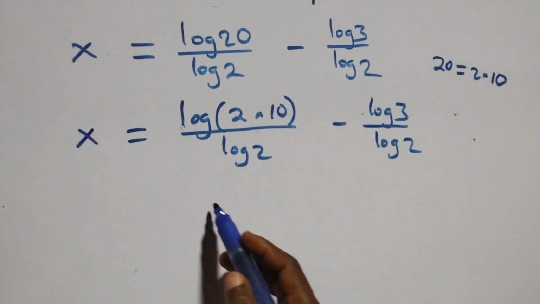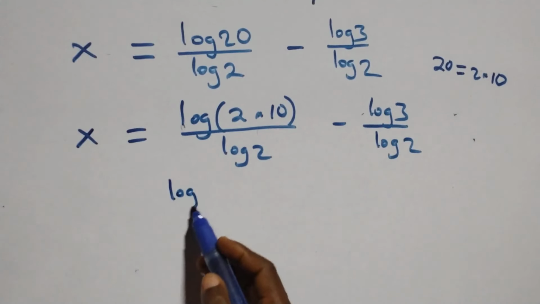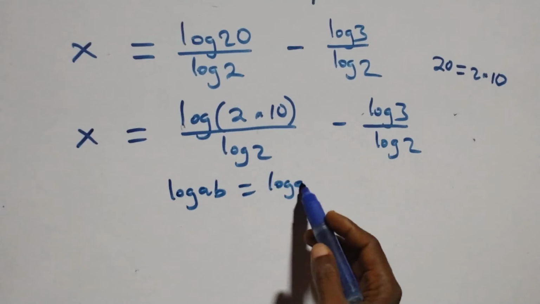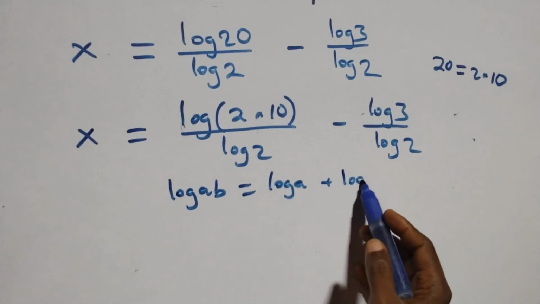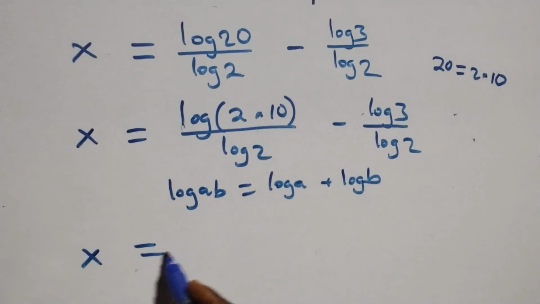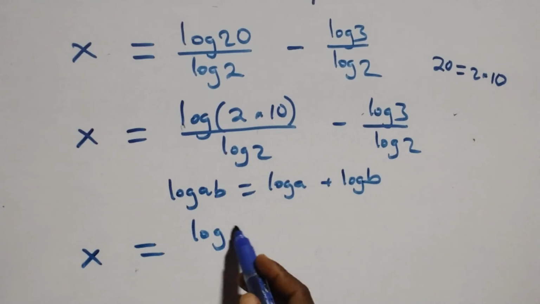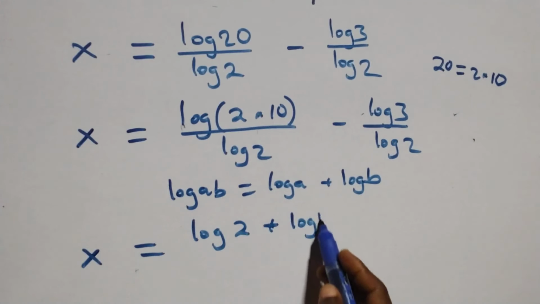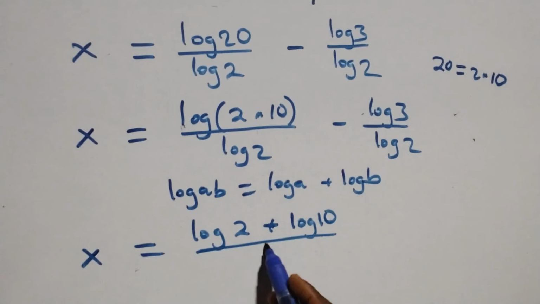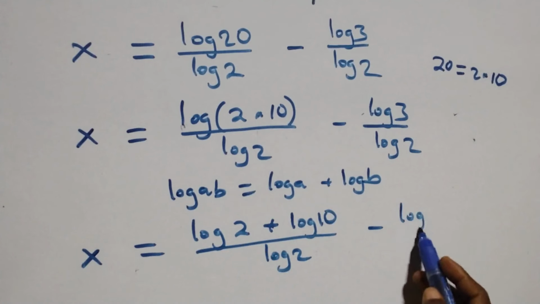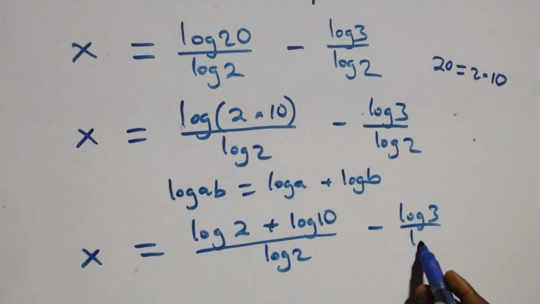Here, we apply the law of logarithm. When we have log a times b, it is the same thing as log a plus log b. Here we have x equals to log 2 plus log 10 over log 2 minus log 3 over log 2.